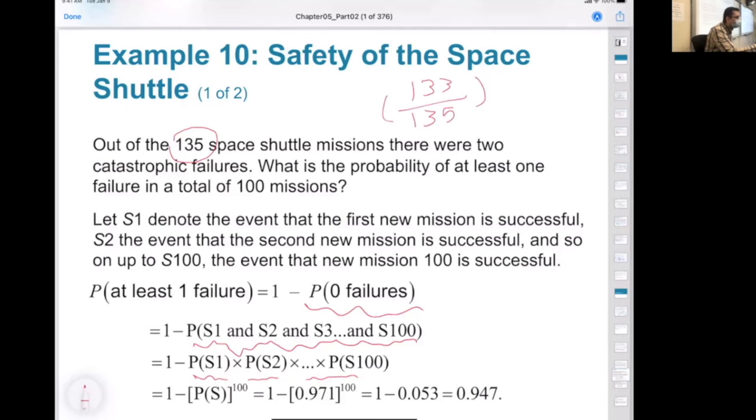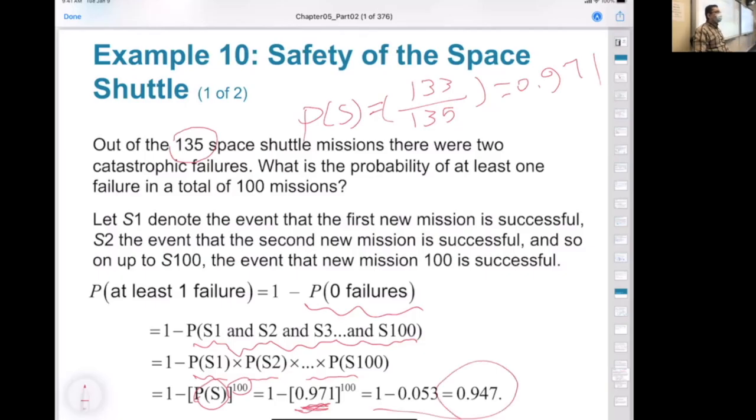This is the probability of success in general. So you find 1 minus the probability of success raised to the 100th power, since it happens 100 times. So it's 1 minus 0.07, and this will give you 0.971.